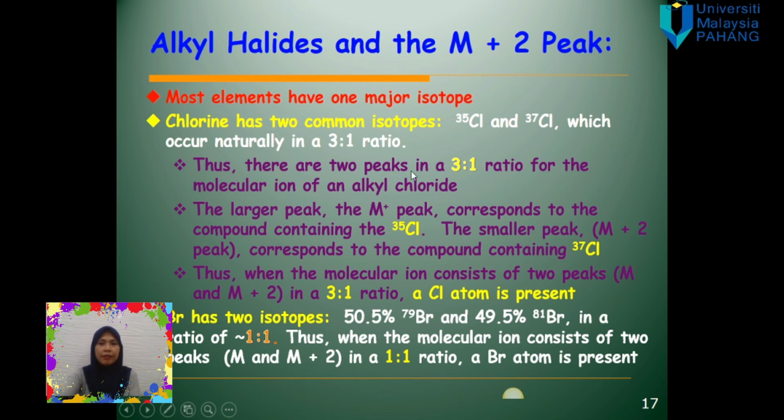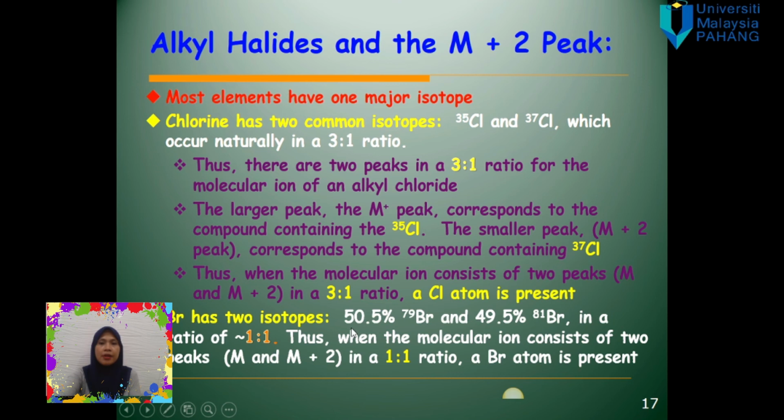Why is there a 3 to 1 ratio? Because in natural abundance chlorine-35 is 100% compared to chlorine-37 at about 30% only. That's why the ratio is 3 to 1 in the mass spectrum. So there are two characteristics by which we can recognize the presence of a chlorine atom: the M+2 peak and the 3 to 1 ratio.